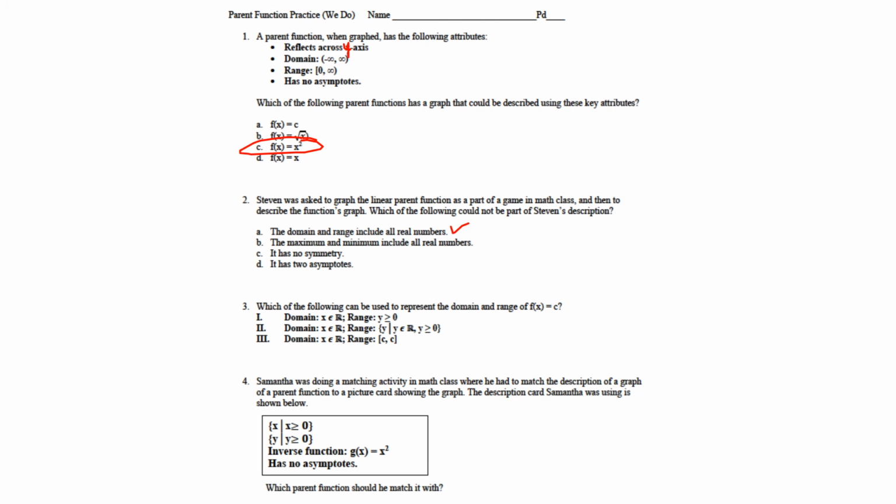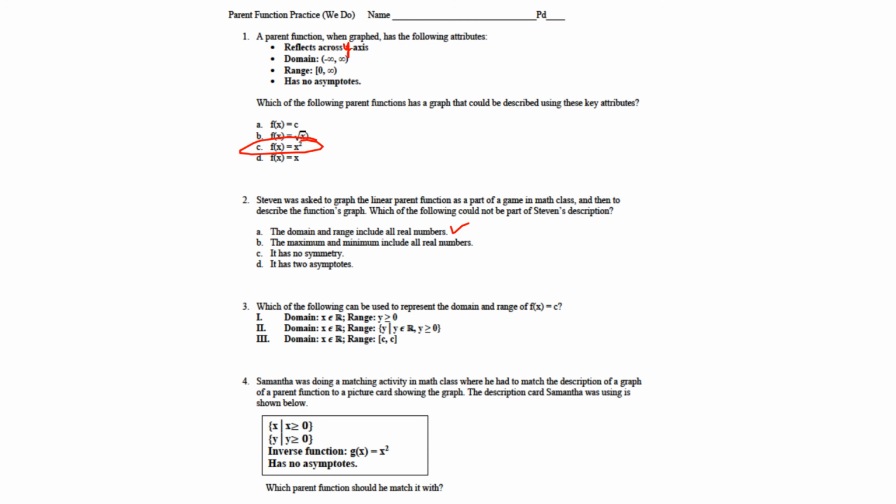It has no symmetry. And it has two asymptotes. It has what? There are no asymptotes in a linear function, right? I feel like when we're describing linear, it has symmetry.